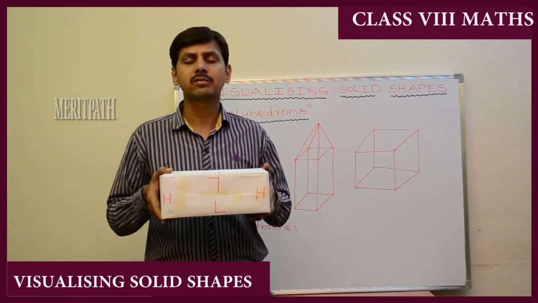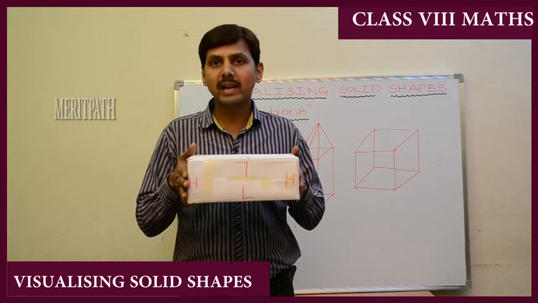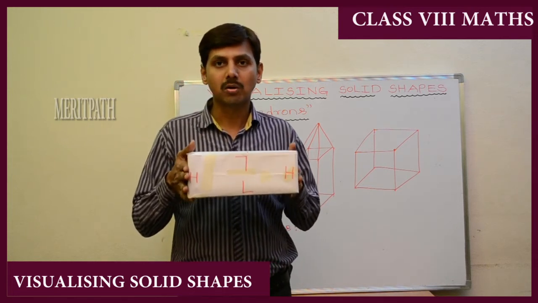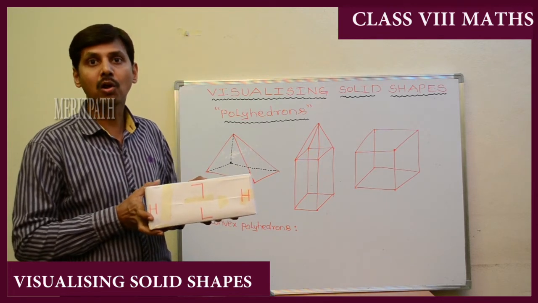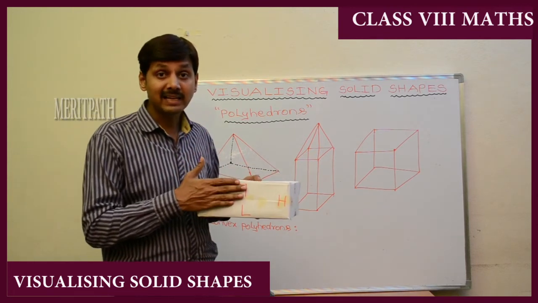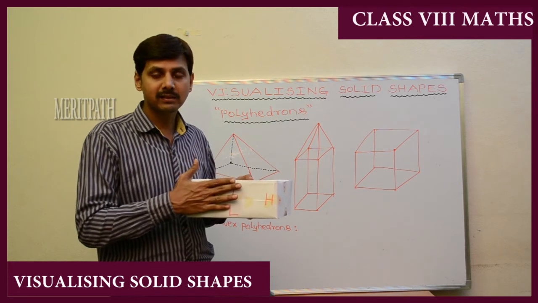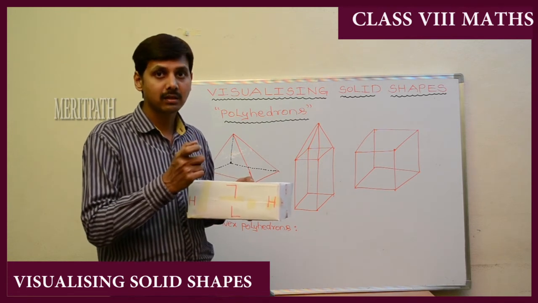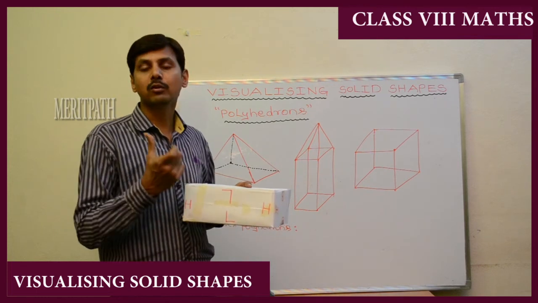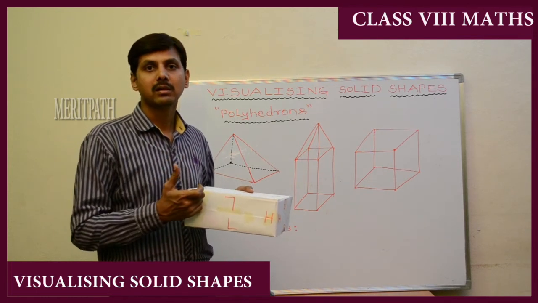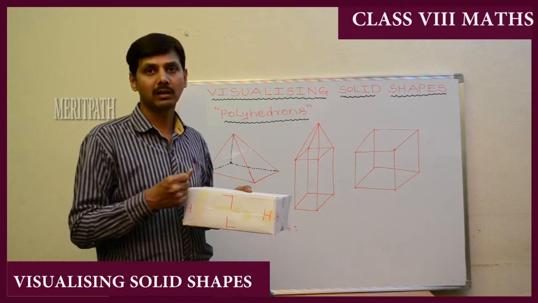So totally we got 12 edges. Finally, once again we recall: a cuboid has 6 faces, 8 vertices and 12 edges. So we can apply Euler's rule. Let's discuss Euler's rule in the next class.